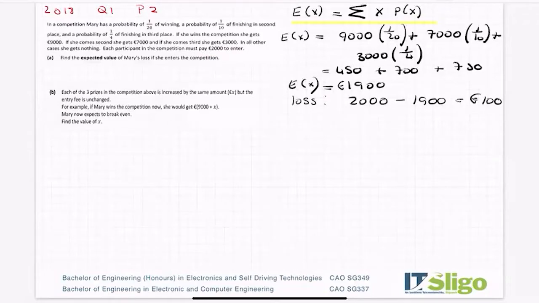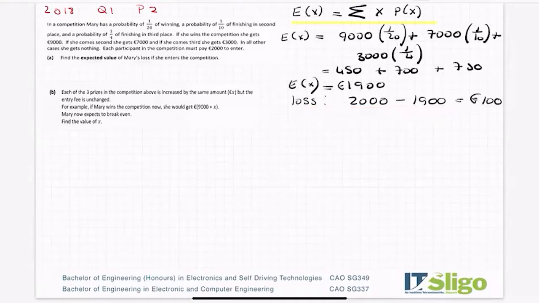That's a loss to the person playing the game. This question could also be asked in a different way, which would be from the point of view of the company hosting the game. So the company hosting the game would make a gain of 100 every time someone played the game. Okay, so it's a very good competition from whoever is running the competition. It's a poor one for whoever enters it.